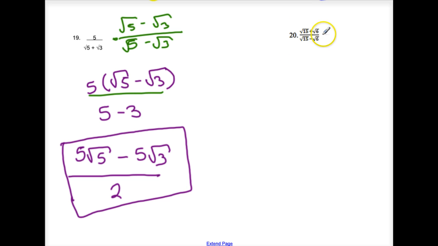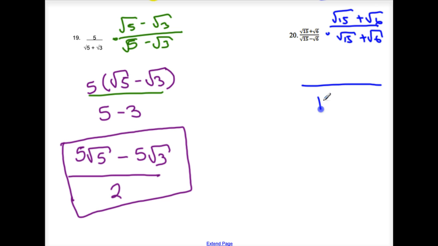Last example, which is a little bit longer, I am going to multiply by the conjugate. Square root of 15 minus square root of 6, and square root of 15 plus square root of 6 on both sides. The bottom, again, I know it's going to be 15 minus 6.